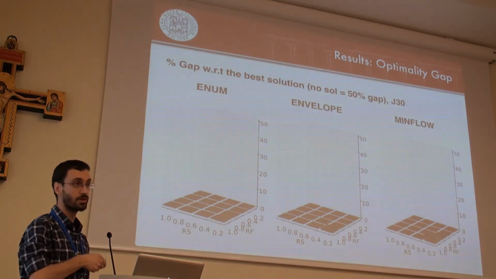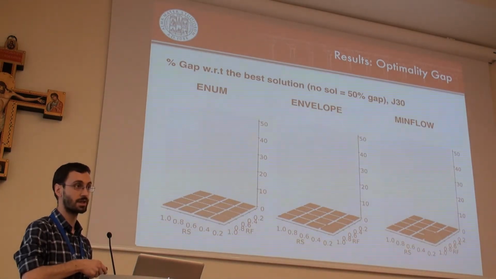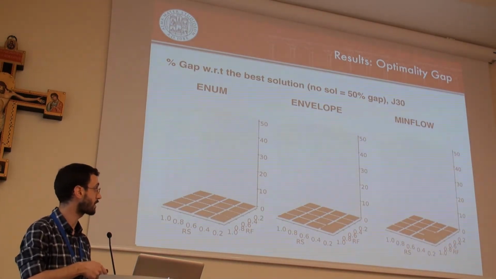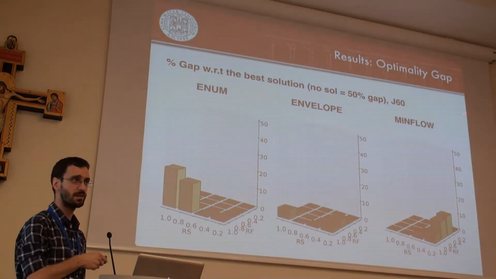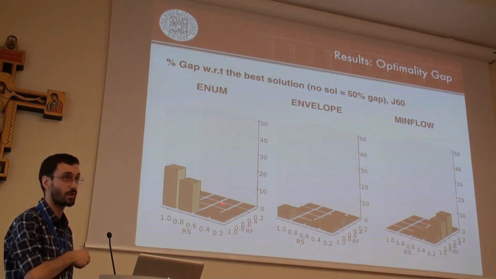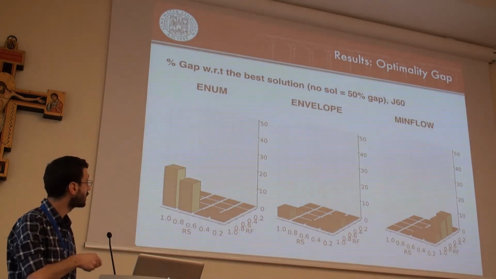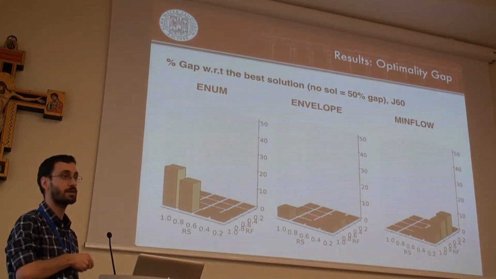So for J30, all the approaches are working pretty well. The mean flow is slightly worse than the others. We have a bigger gap, but this is not too much. Still, it is pretty good. If we move to J60, then we realize that the enumeration approach has a lot of difficulties, of course, as before with this corner. The mean flow has a bigger gap, and the envelope is very, very nice here.